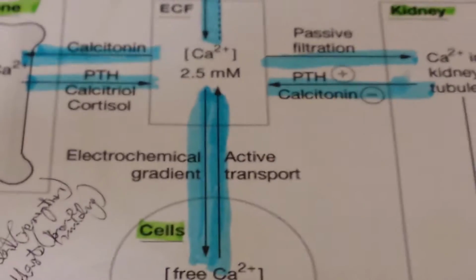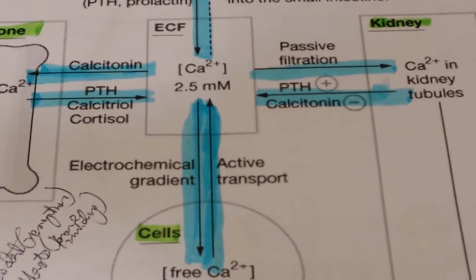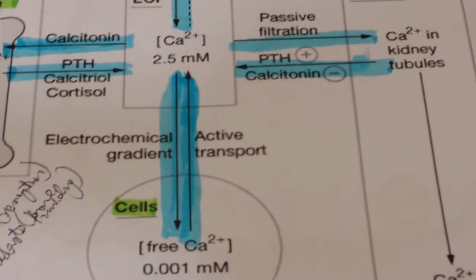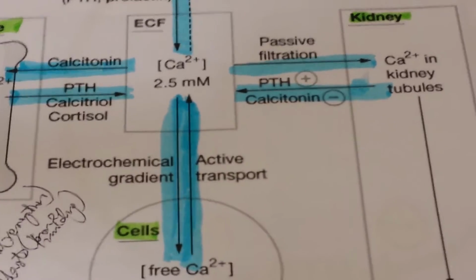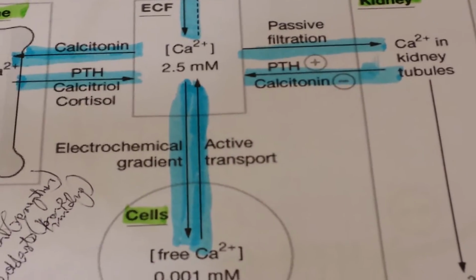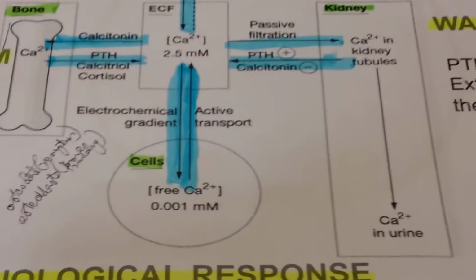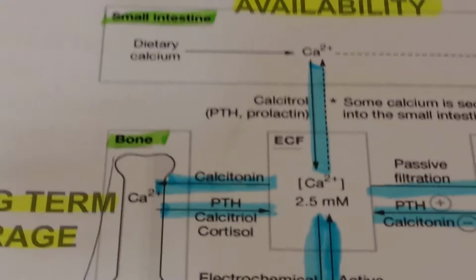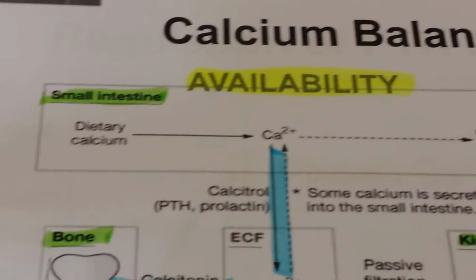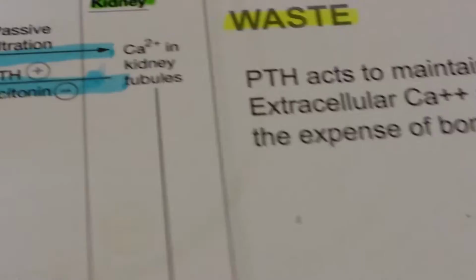Via the electrochemical gradient, calcium ion moves from the ECF into the cells, and through active transport, free calcium moves back into the ECF. And the biological response from the cells: long-term storage in the bone, availability at the small intestine, and the waste at the kidney.